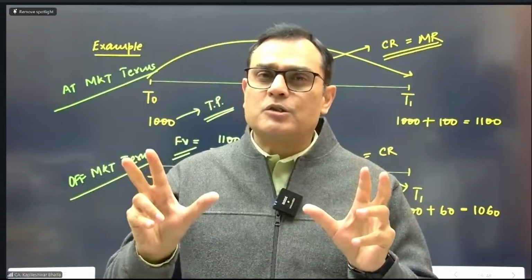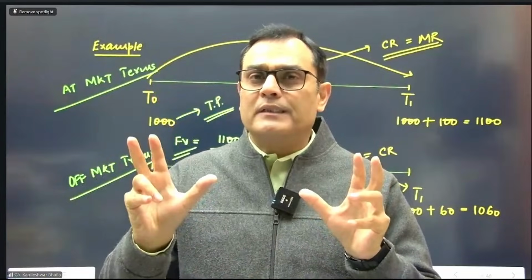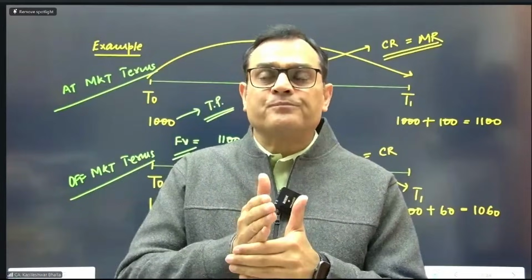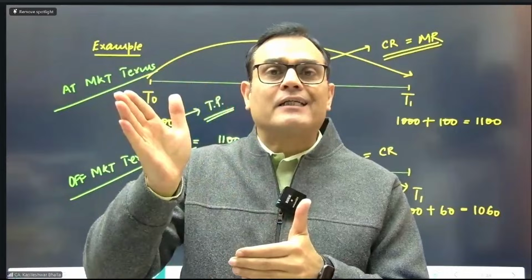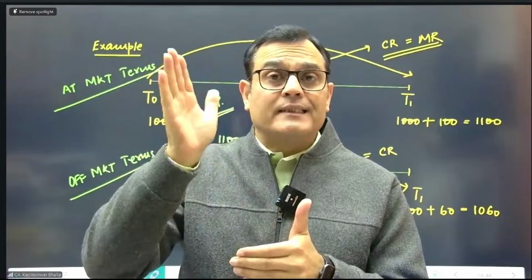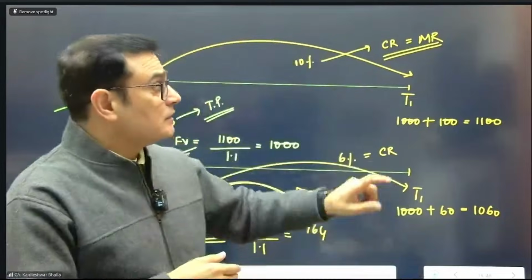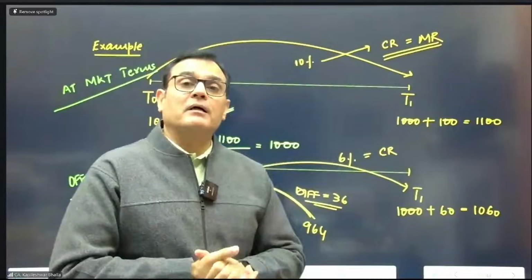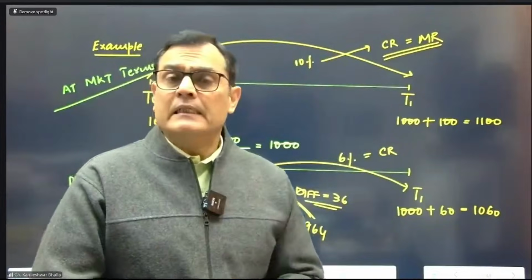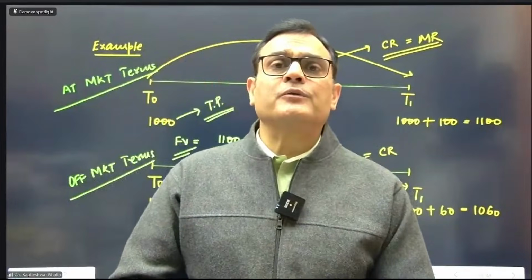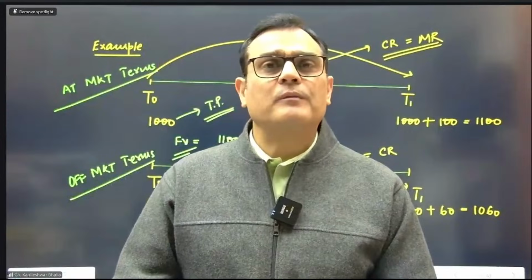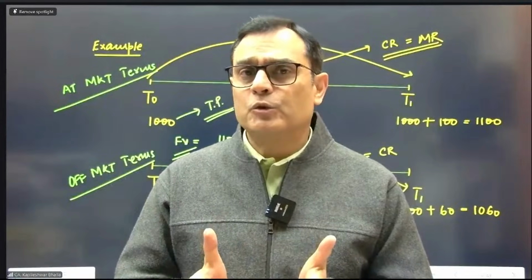Just to connect the dots once again, what you need to broadly see is two things. Is the transaction at market terms? When I say at market terms, that means the contracted rate and the market rate are the same. In that case, the transaction value and the fair value undoubtedly will be the same. Mathematically, why so?